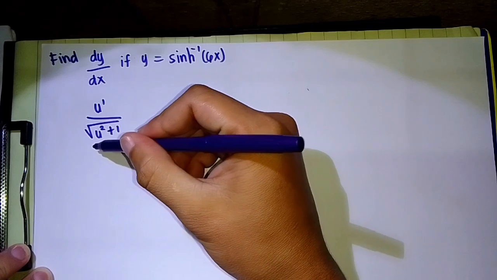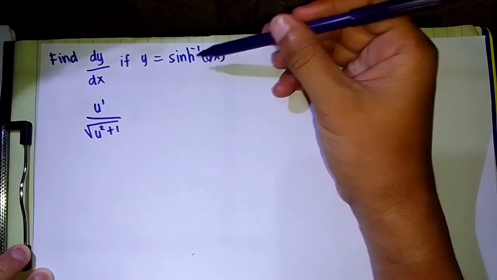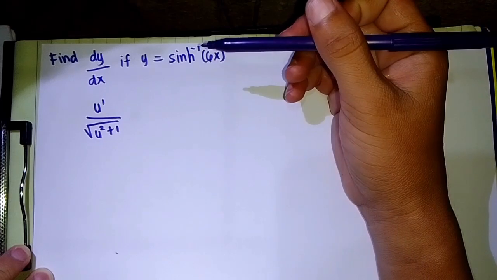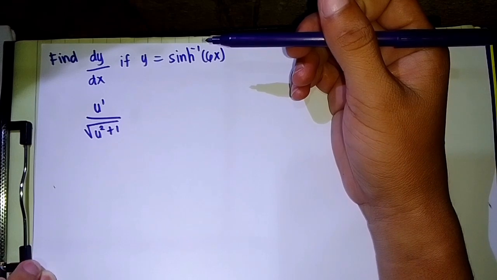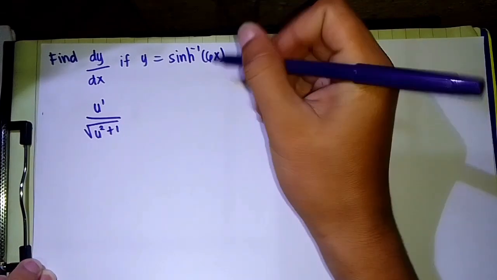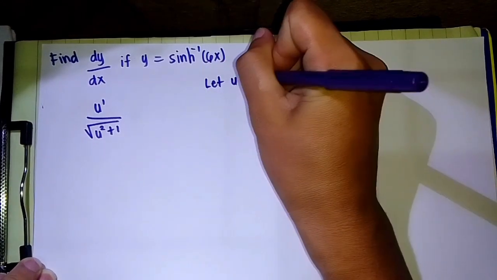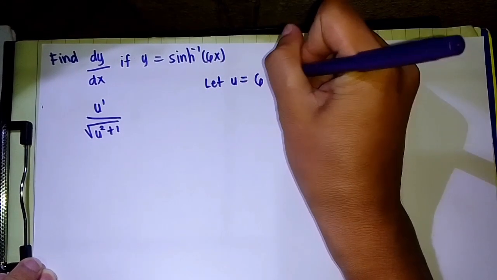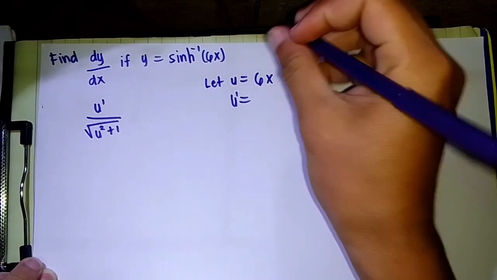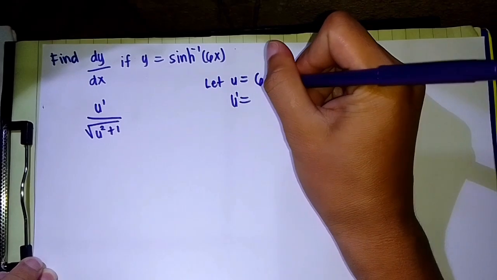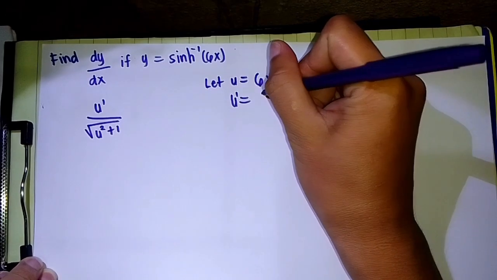Now the variable u is whatever we see inside the inverse function. So in this case, u is 6x, and our u prime is the derivative of 6x, which is simply 6.